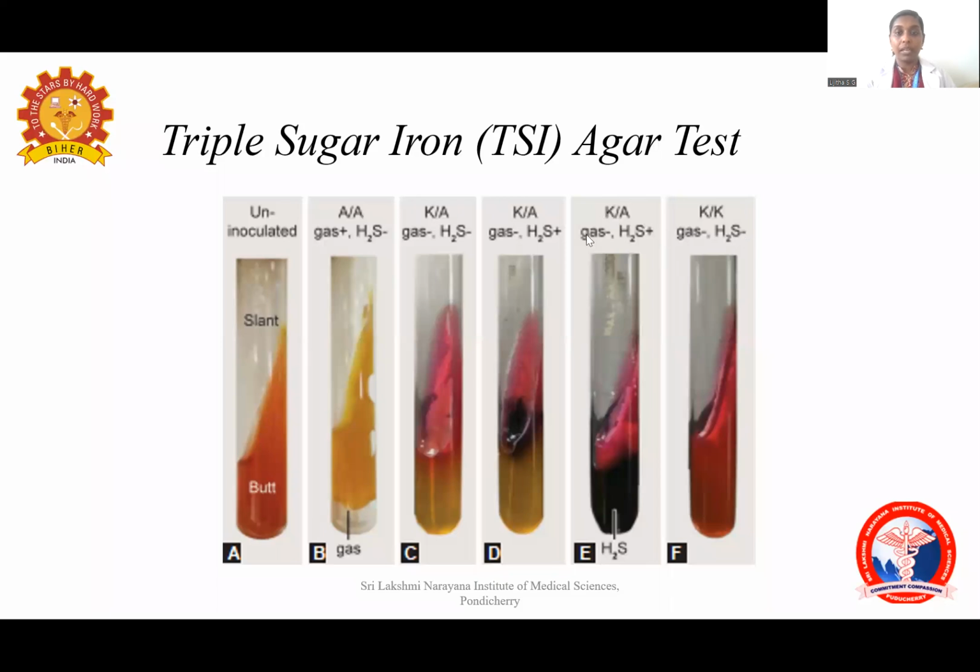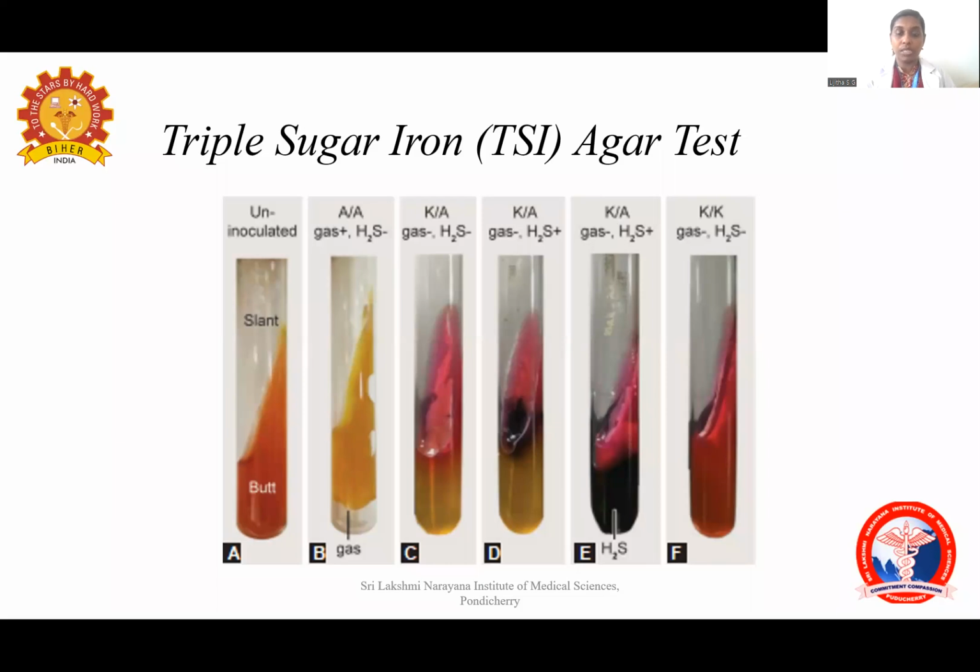Then K by A, gas minus, H2S plus. That is K in the slant area, A in the butt area. Here you can see no color is seen in the butt area, but still you will be assuming it as an acidic reaction. And one more thing in between: if the media is alkaline, it will be pink in color, because phenol red is the indicator that we are using.